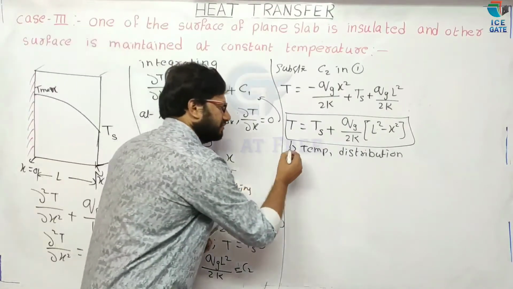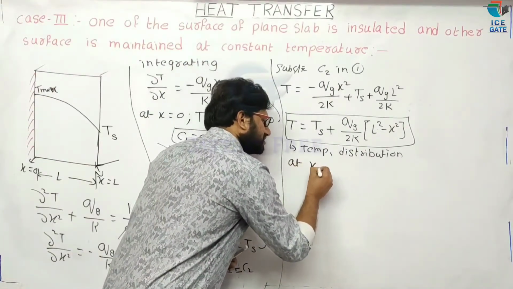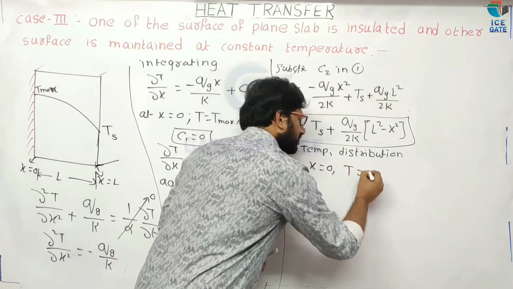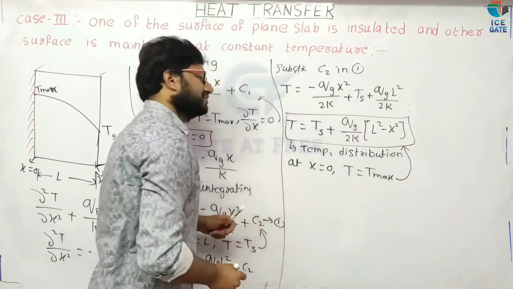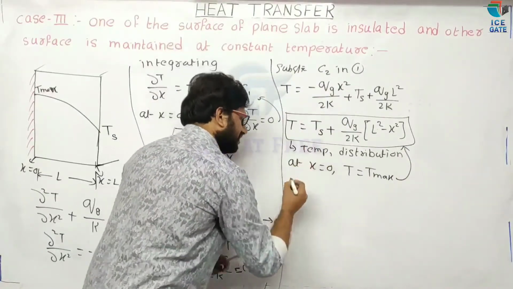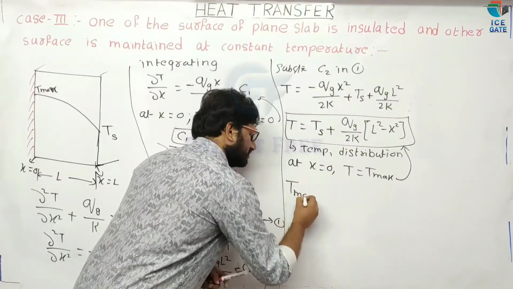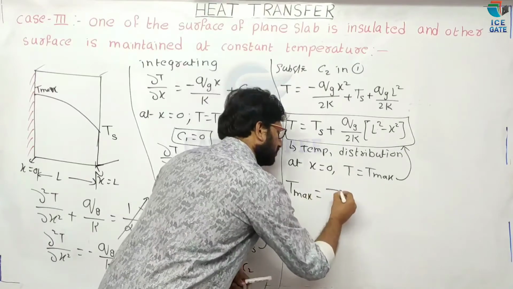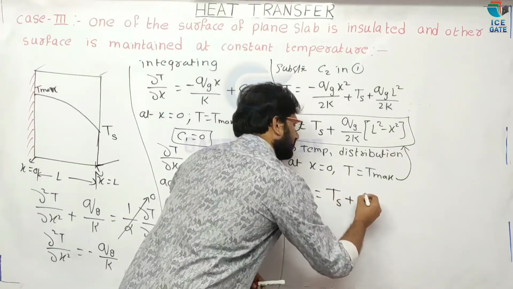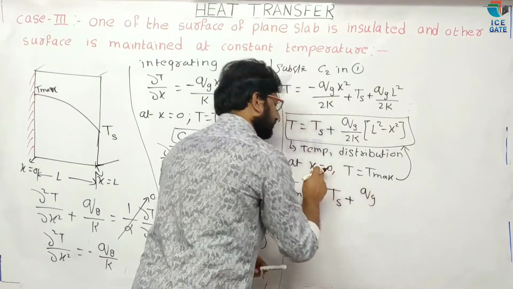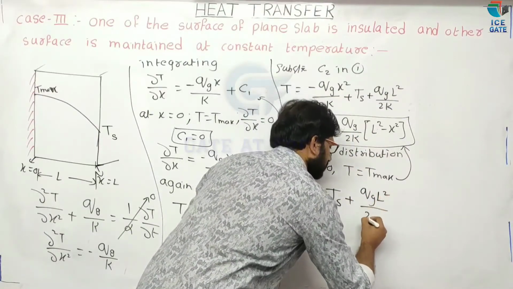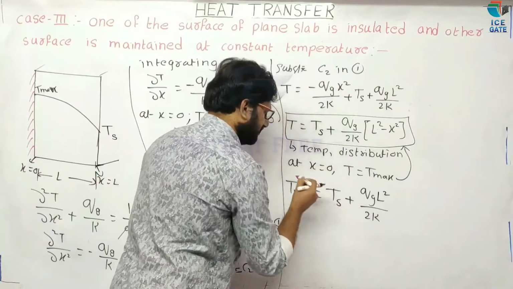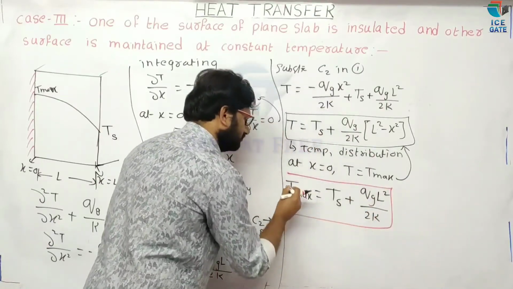We know the boundary condition: at x is equal to 0, T equal to T max. Now substitute in the temperature distribution function. In place of T, T max is equal to Ts plus qg, in place of x, 0, therefore qg L²/2k. This is very, very important from the GATE point of view.